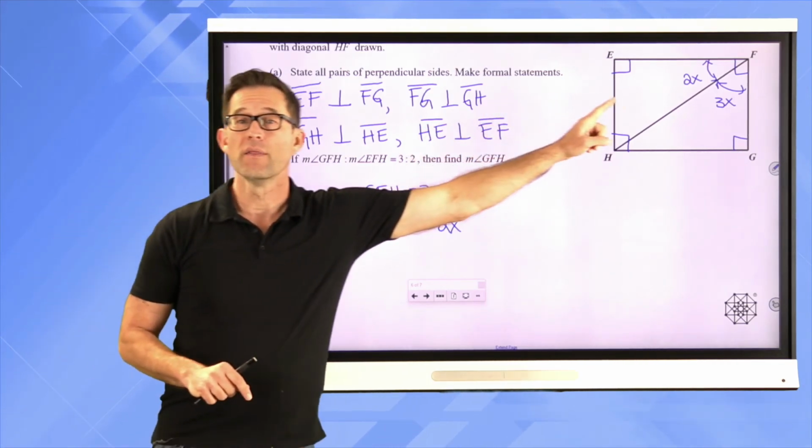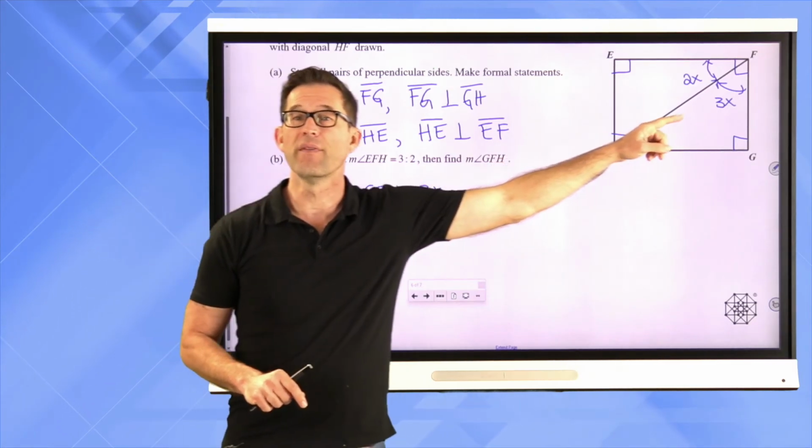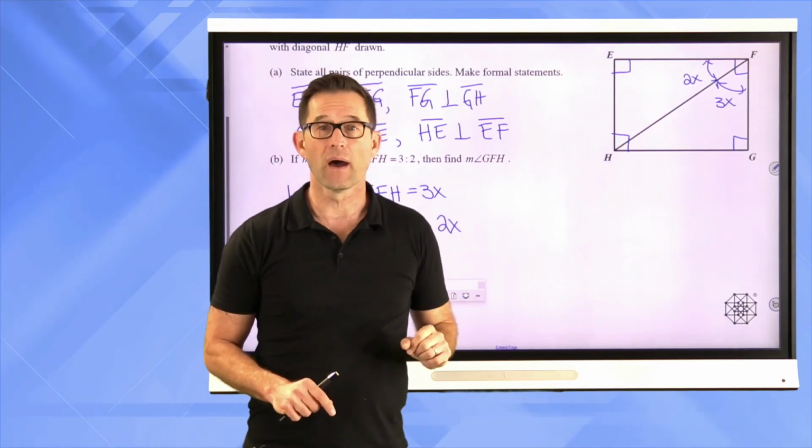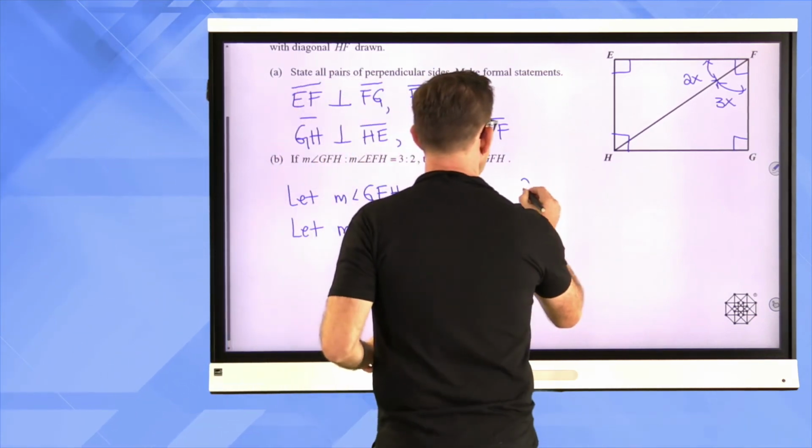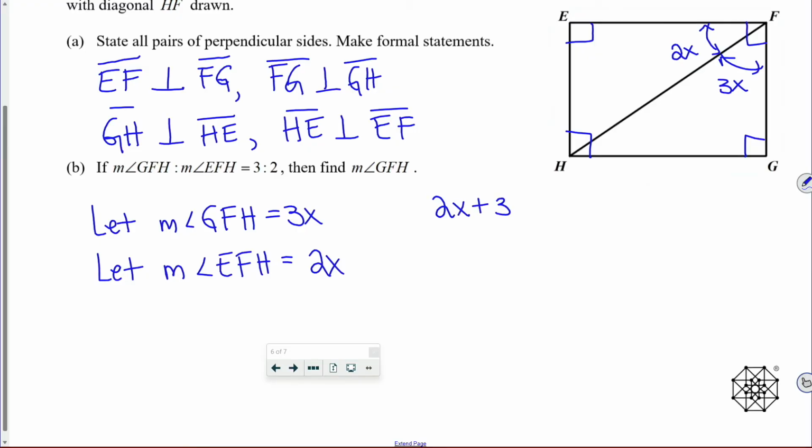Well, clearly, the sum of this angle and the sum of this angle must be 90 degrees because they form a right angle. So I can now say 2x plus 3x is equal to 90. That gives me 5x is equal to 90.